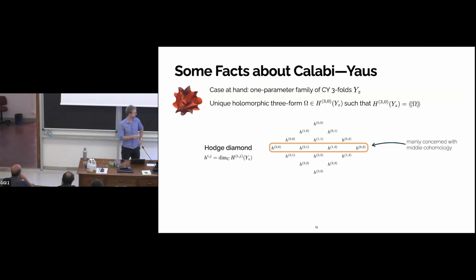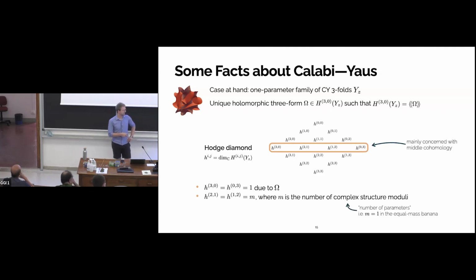And typically we are mainly concerned with this middle cohomology. So first of all, this thing is symmetric under complex conjugation. And so H30 is equal to H03, which is 1, since we know that these three-forms are spanned just by a single top form.